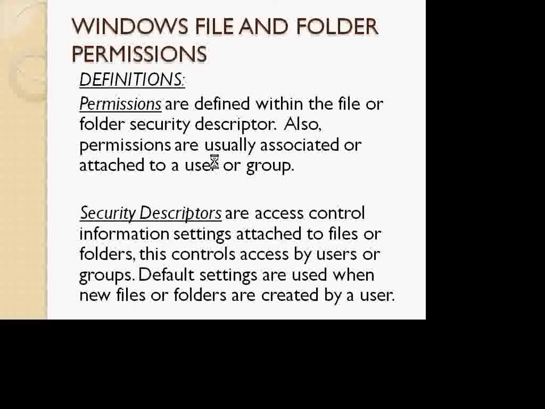Now all of this information that I've given you simply states that files or folders within a folder inherit the explicit permissions from the folder they are located within when created by a user.